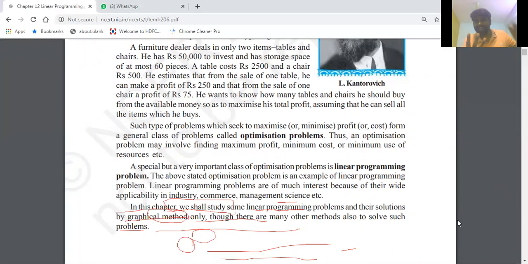Firstly, we have to understand the given data. Number two, we have to formulate the inequalities. How many maximum items I can purchase, how many of this type of thing and how many of that type of thing I can purchase. All this data we have to write in the form of inequalities. That is the second step, which includes formulation of the problem.